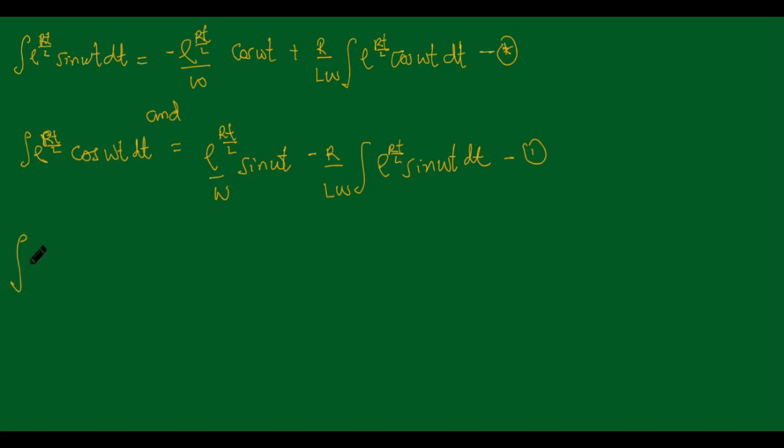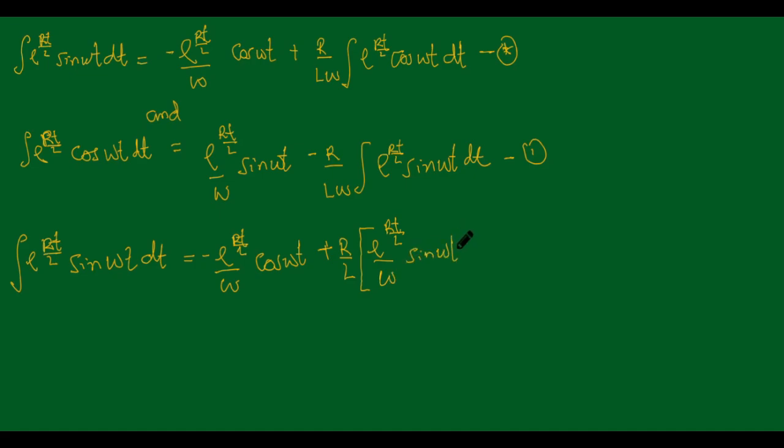On doing that, we have the integral of e raised to power Rt over L sine omega t dt is equal to minus e raised to power Rt over L divided by omega cos omega t plus R over L multiplied by everything in equation 1, which is now e raised to the power of Rt over L divided by omega sine omega t minus R divided by L omega times the integral of e raised to power Rt over L sine omega t dt.